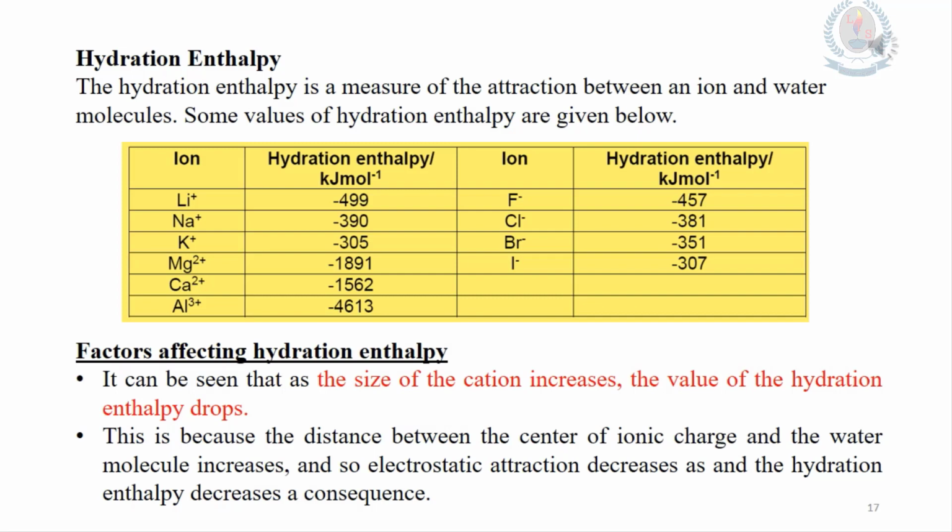For Li+, the hydration enthalpy is -499 kJ per mole, but for K+ it is -305. So as the size of the cation increases, the hydration enthalpy decreases. The reason: as the distance between the center of ionic charge and the water molecule increases, the electrostatic attraction decreases. Therefore, hydration enthalpy decreases.